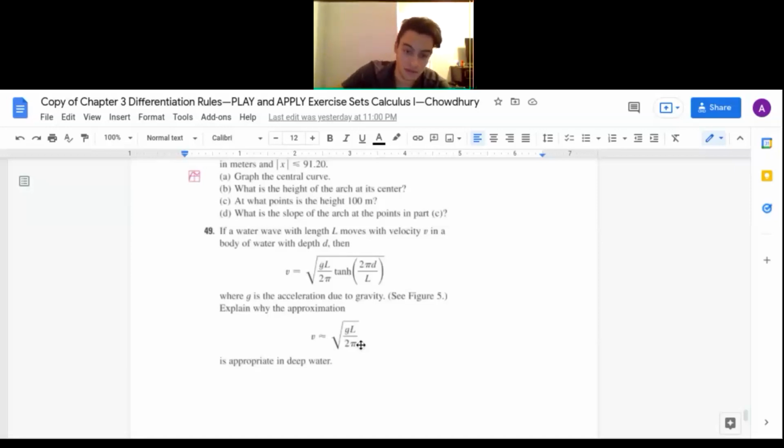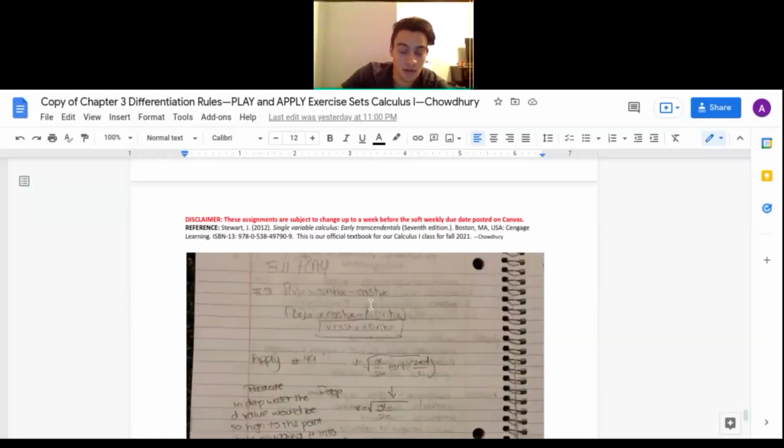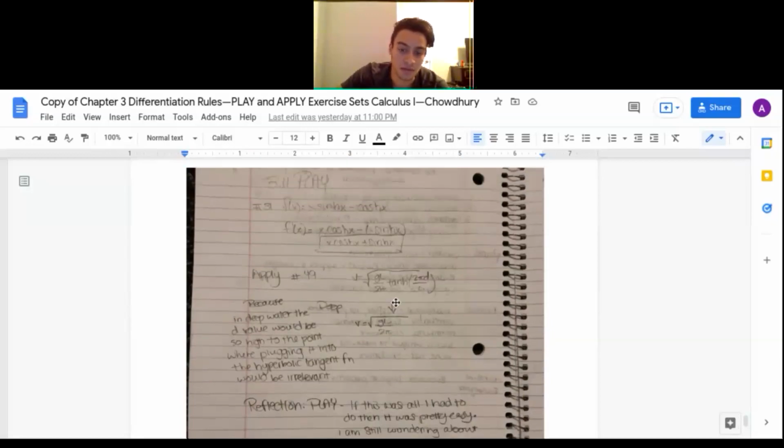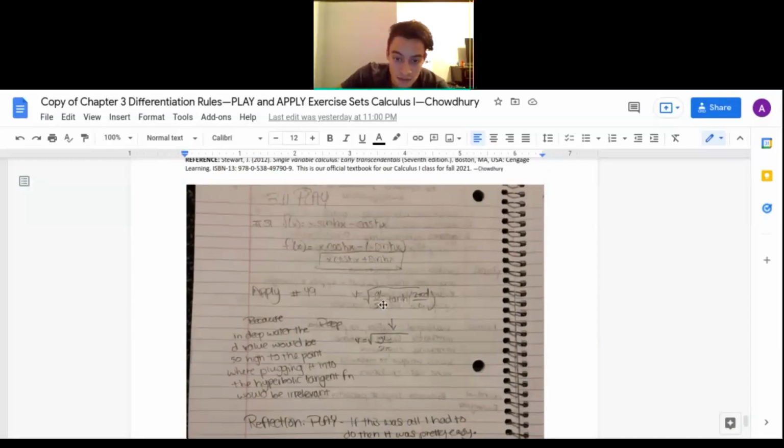So basically, I just wrote an explanation here since there weren't really numbers involved too much. Just basically that the difference between these two equations is that the hyperbolic tangent of this quantity over here is going to go away.